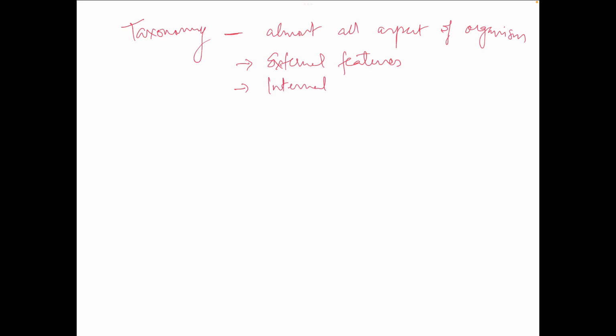In short, you have to know, almost all aspects. It includes the external features, like how the organism is looking from the outside. Then it also includes the internal features, how the organism is from the inside.